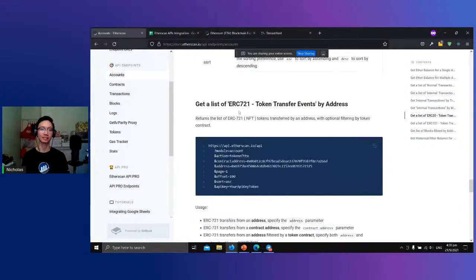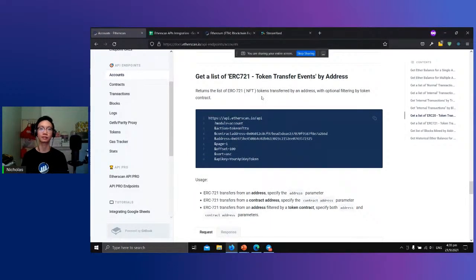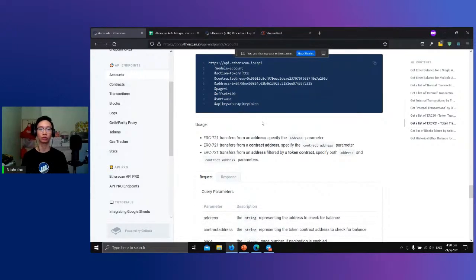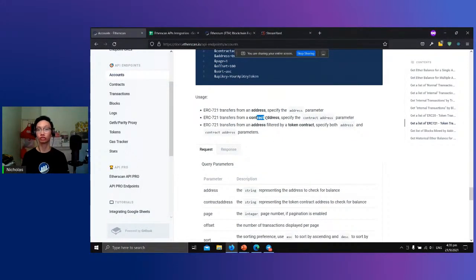Okay, next, ERC721, NFTs. You can get a list of all the ERC721 transfers from an address by using one of these. A good thing is that we have a lot of filters. You can filter from an address, such as your normal Ethereum address, or from a contract address, such as CryptoPunks, CryptoKitties, Penguins.